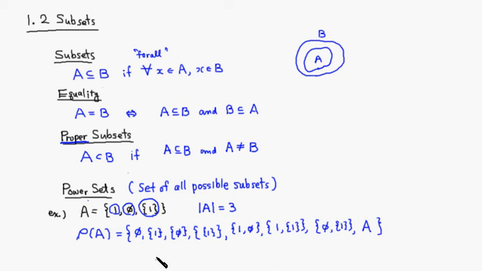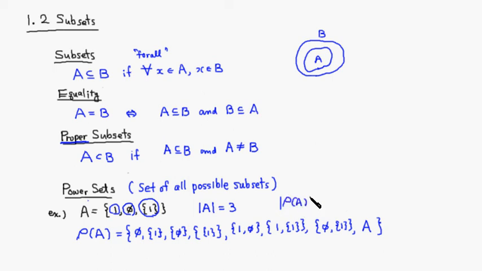You can see that it contains all possible subsets of A, right? Then the one thing you might want to know is the cardinality of the power set. It's fairly easy to find.